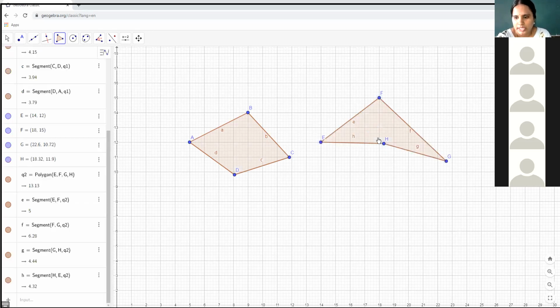Now, Tanush, please unmute yourself and tell me what is the difference that you are able to find between these two polygons? Ma'am, for the second quadrilateral, we can see that there is somewhat space, ma'am. Like at B, down there, somewhat space is there, ma'am.